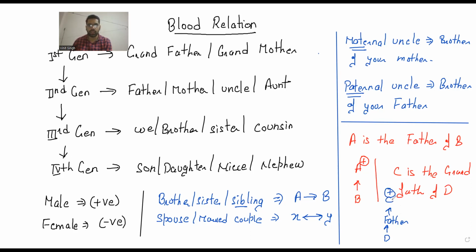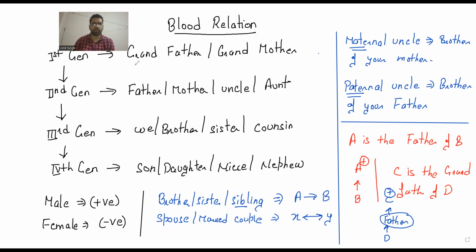Now we can say C is the grandfather of D. There is a one generation gap in between C and D. There is a father, father of D and son of C. Clear? So you have to remember all these things while solving the question of blood relation.